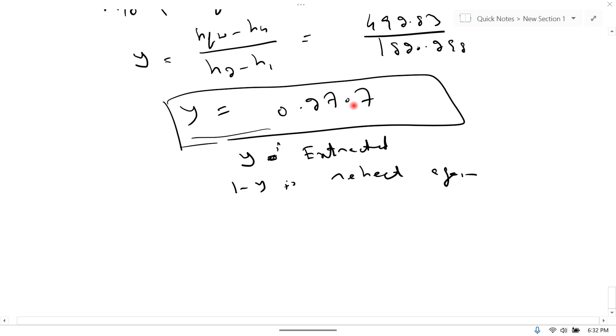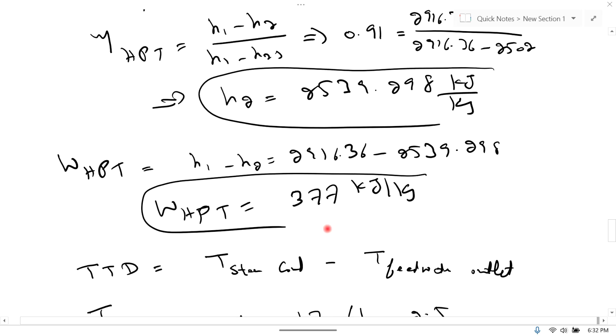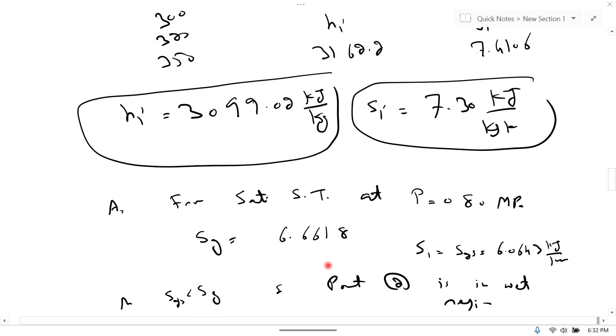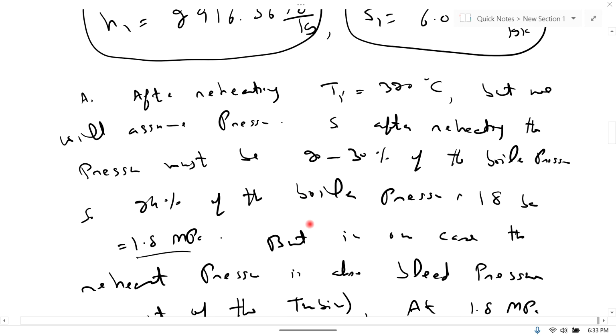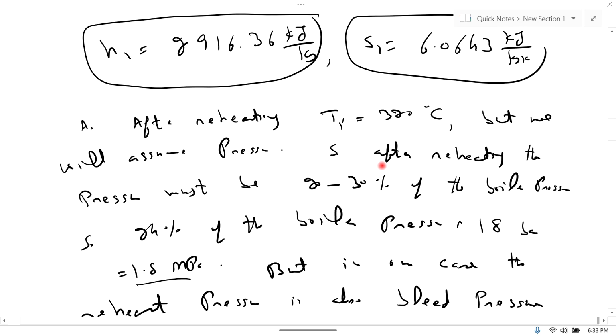Now we are finding H2 dash S and S2 dash S. H2 dash S is the ideal enthalpy at the exit of the low pressure turbine. Here this is H2S in the straight line, and the curve is the enthalpy at the exit of the low pressure turbine.